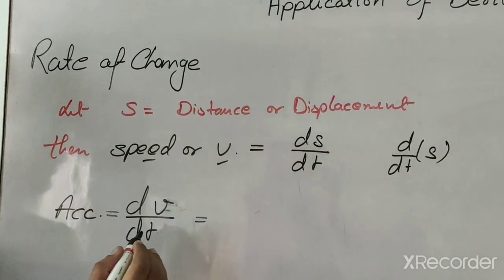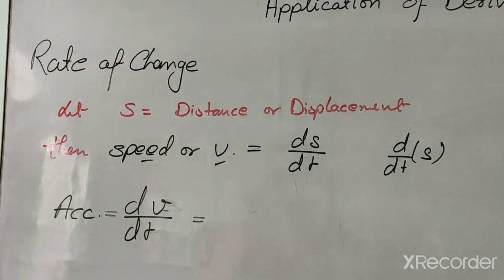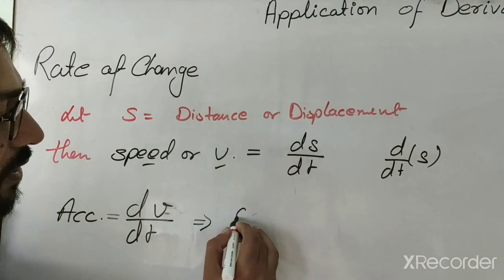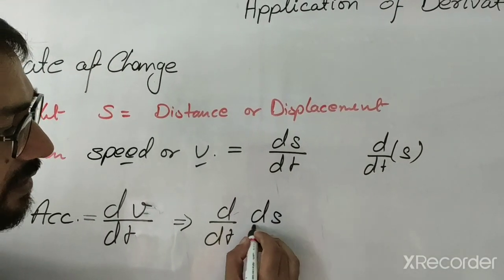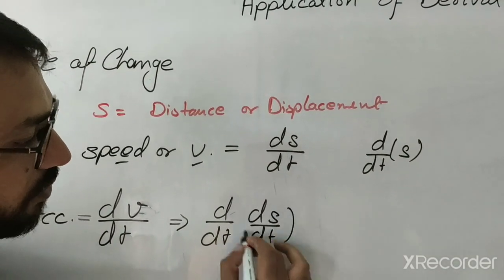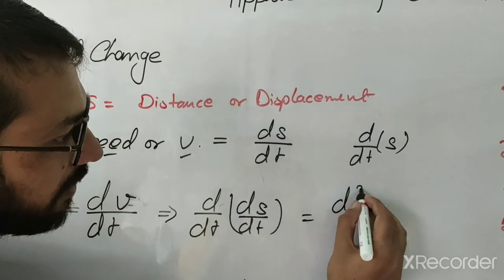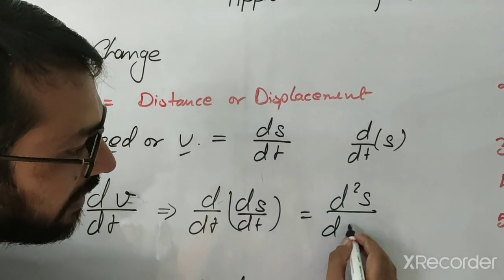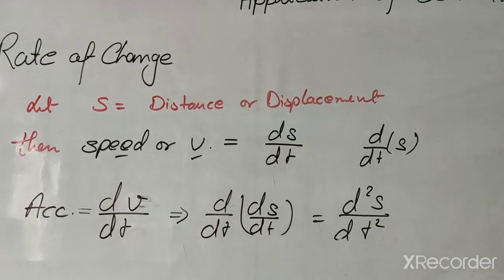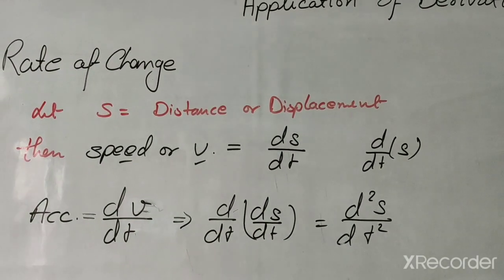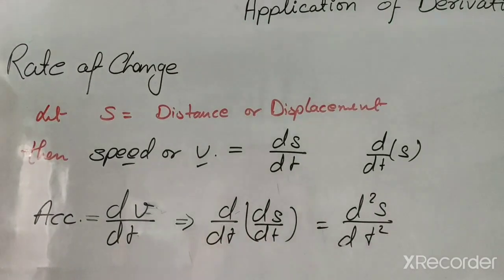If you want to calculate this with the second derivative, then we can go d dt of ds on dt. So that becomes d2s on dt square. These both the terms are standing for the acceleration.